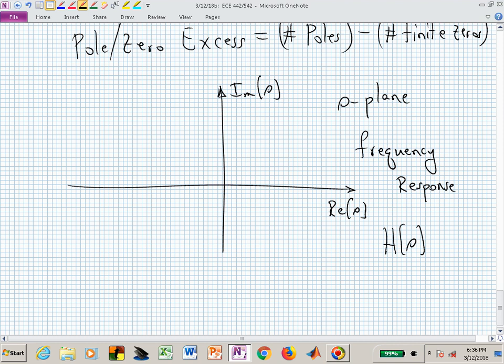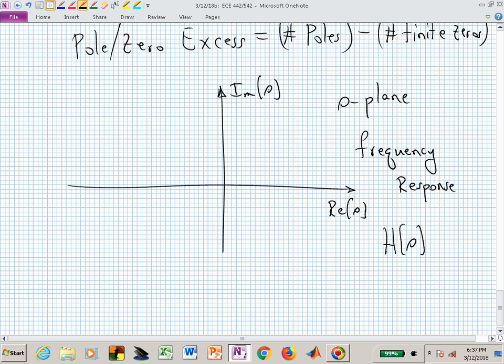If I want the frequency response of a system, of a transfer function H(s), where do I evaluate that? What do I set s equal to? j omega. So I'm walking up the imaginary axis. That gives me the frequency response.